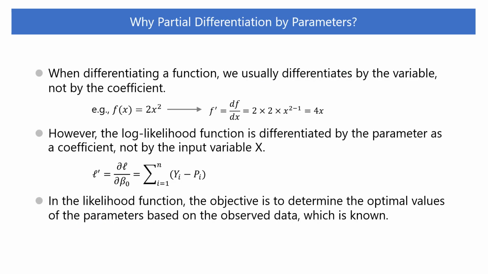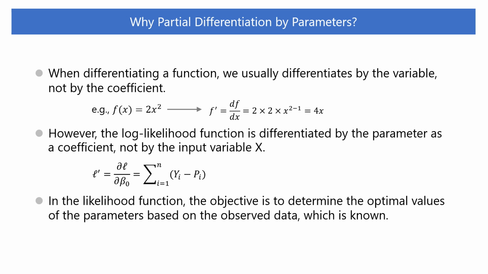When differentiating a function, we usually differentiate by the variable, not by the coefficient. However, in the above, the log likelihood function is differentiated by the parameter as a coefficient, not by the input variable x. Why? The reason is the difference in purposes.